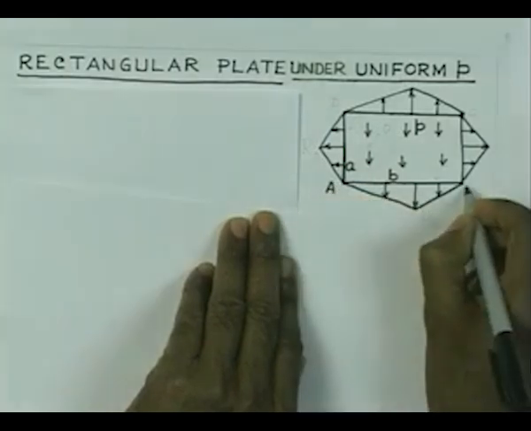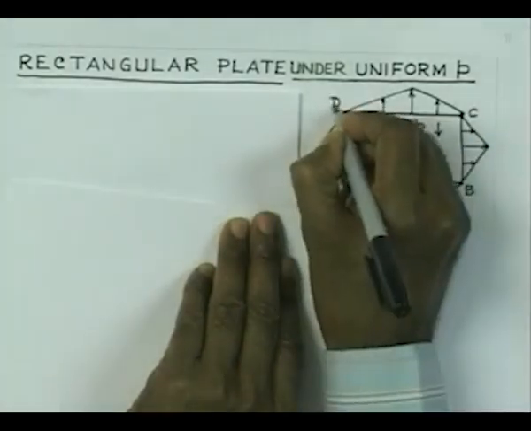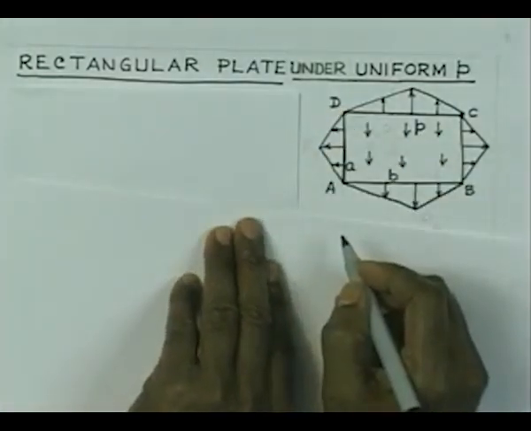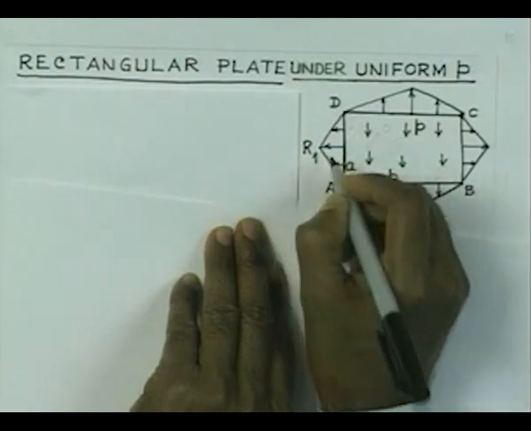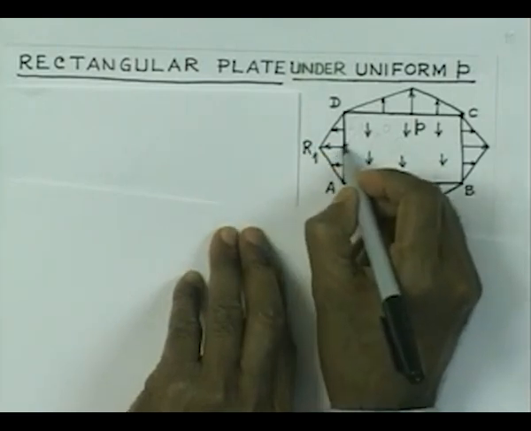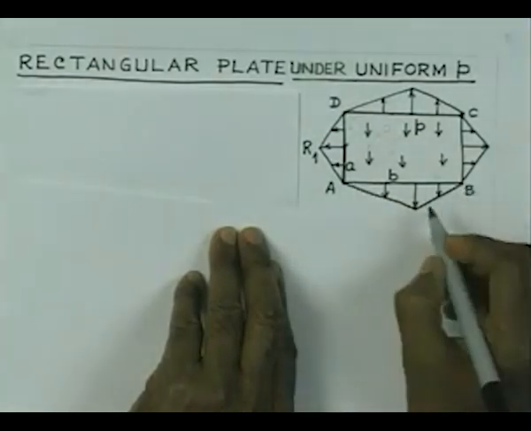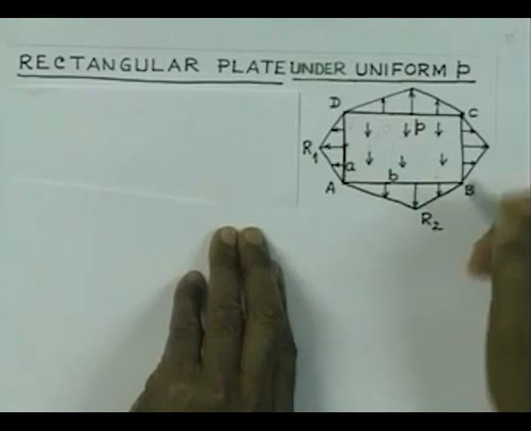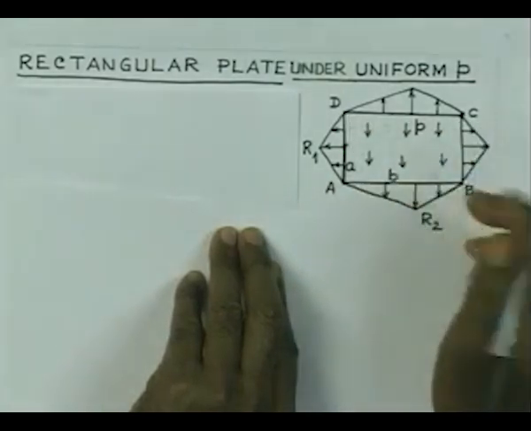Let us indicate this plate by A, B, C, D, and let us say the total reaction at the edge AD is given by R1, and obviously its centroid is going to be here. Similarly, for the side AB, the total reaction is equal to R2, and therefore, reaction here is R1, reaction there is R2.